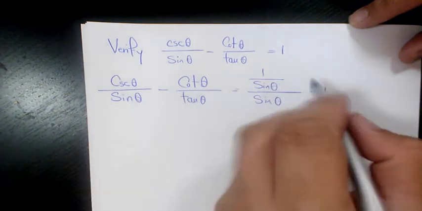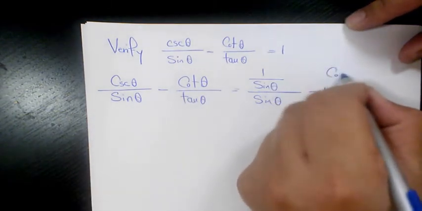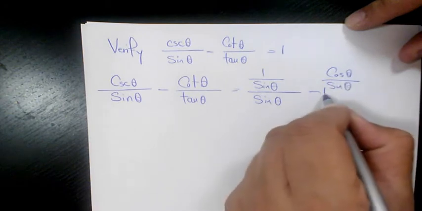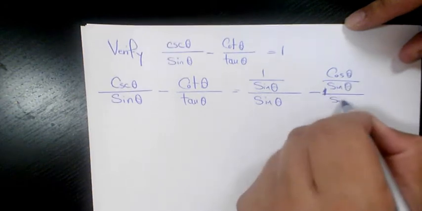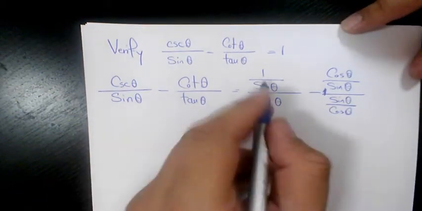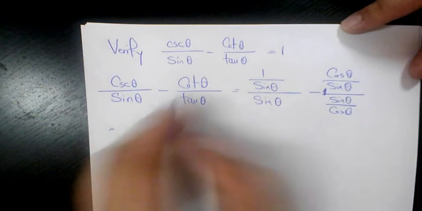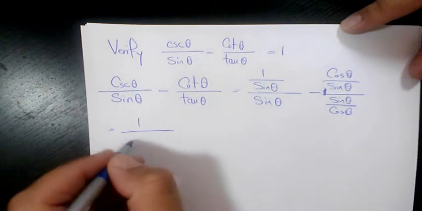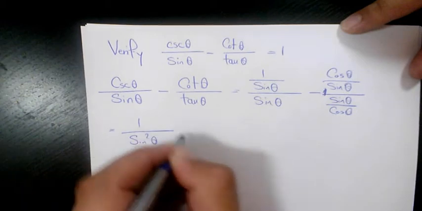Let me put it in this way for now. Cosine over sine, sine over cosine. We can write it also in this way as well. So then when you divide 1 over sine theta by sine theta, it is going to be 1 over sine squared theta.